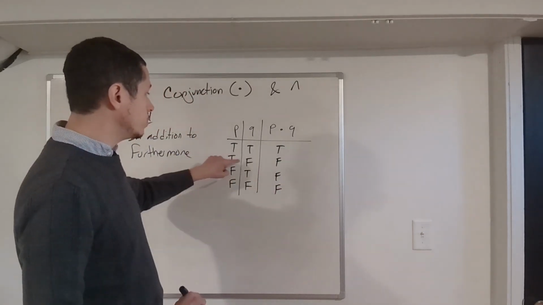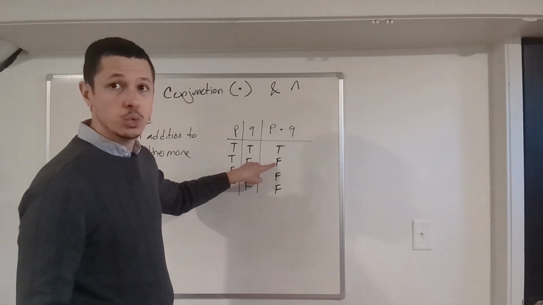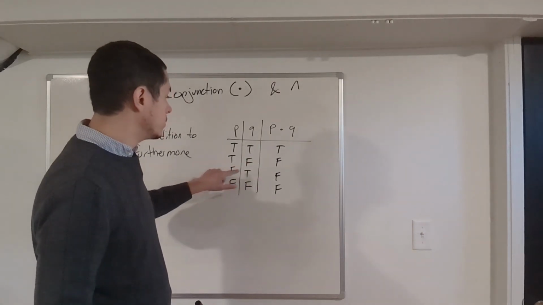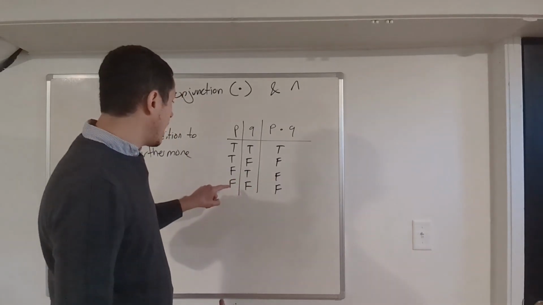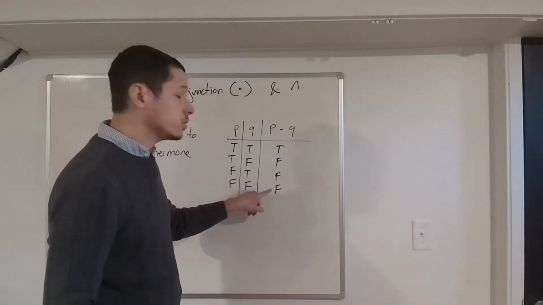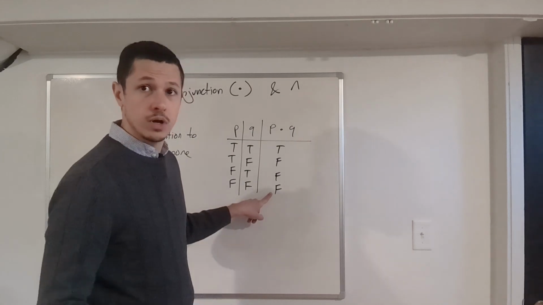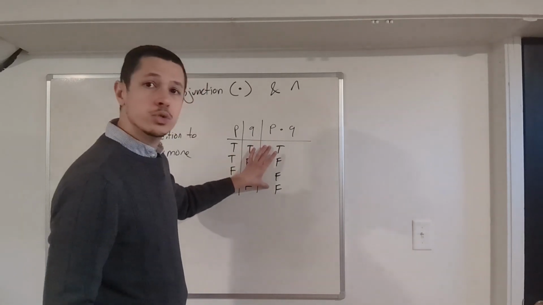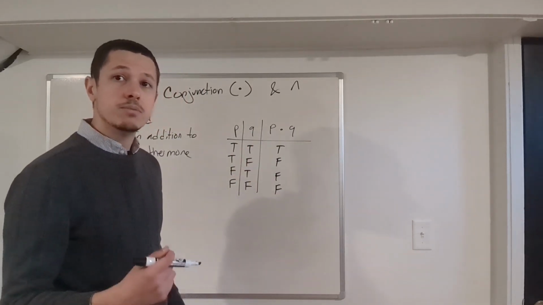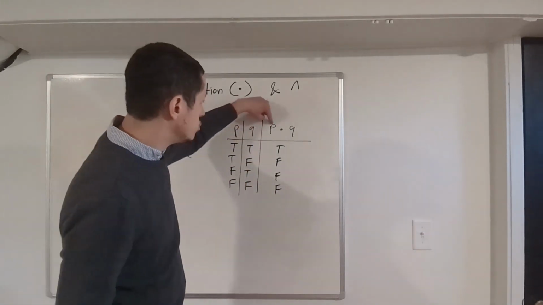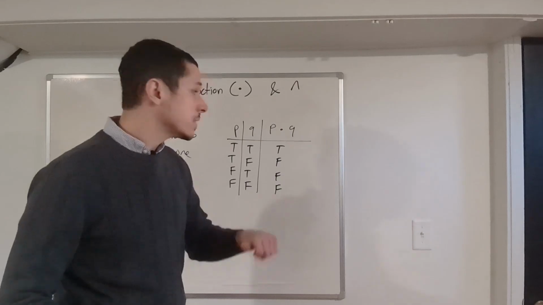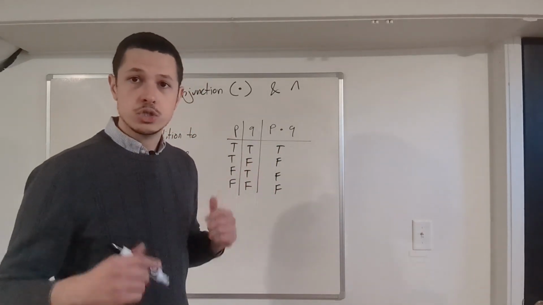So if P is true and Q is false, P and Q will be false. If P is false and Q is true, then the conjunction of P and Q will be false. And if P is false and Q is false, then the conjunction of P and Q will be false. So P and Q is true only when both conjuncts are true, right? And the conjunct is just the fancy word that's given to the components of the conjunction. Otherwise, the conjunction turns out to be false.